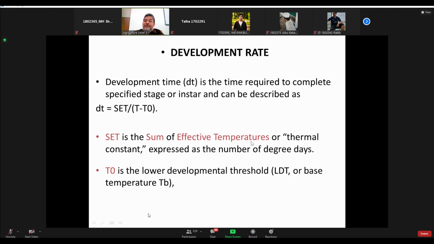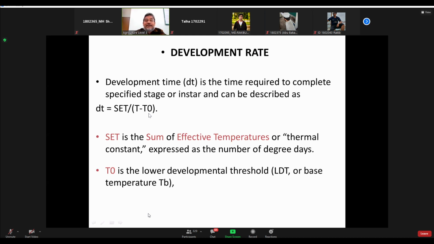Sum of effective temperature and thermal constant, and T0, this T0 is the lower developmental threshold, or it is called the base temperatures. A T0 is the base temperatures. So ACT divided by T minus T0, if you use this formula, we can get the developmental time of any insect.